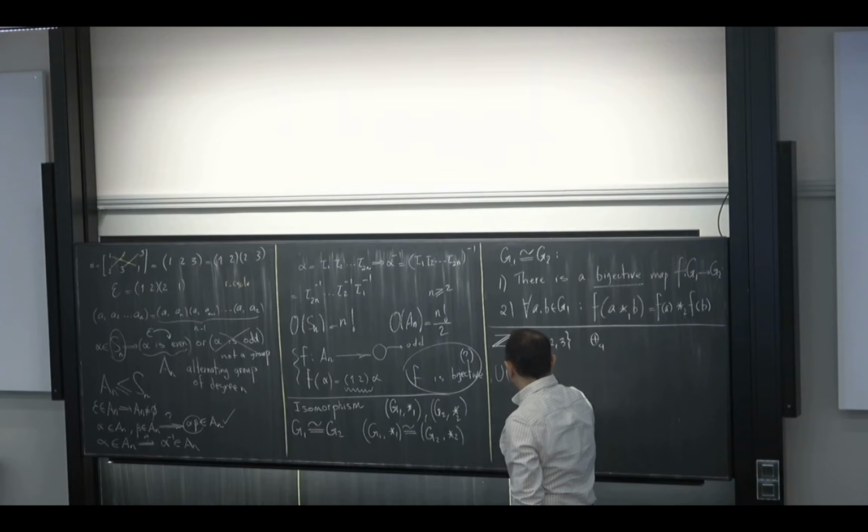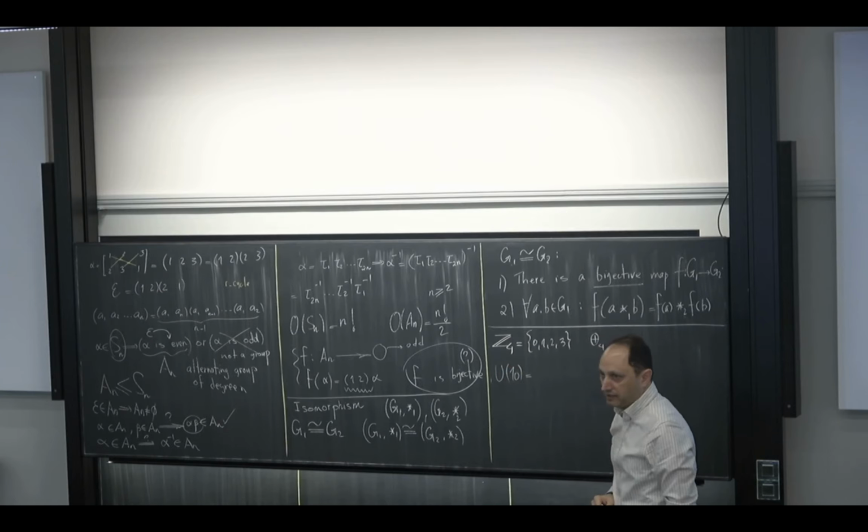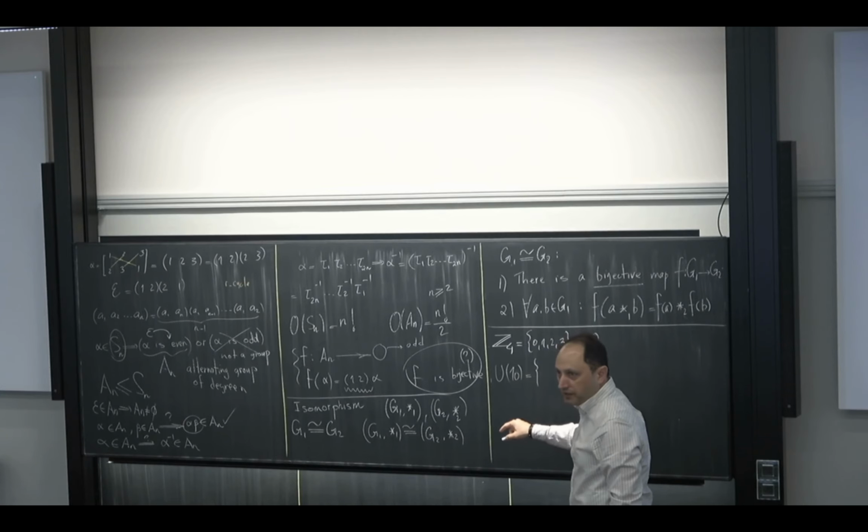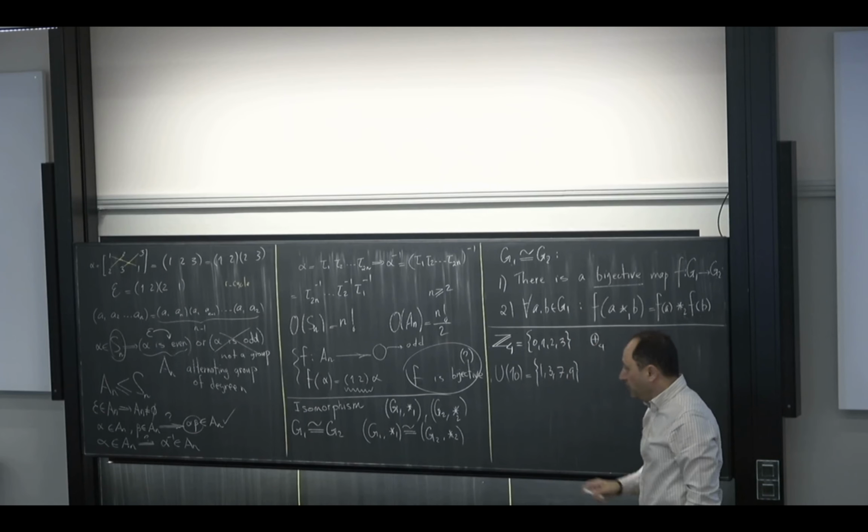We have worked with it several times. Do you remember what U10 is? U10 is the set of numbers less than 10 whose GCD with 10 is 1. So they are 1, 3, 7, and 9. But the operation here, do you remember what it was? It was multiplication modulo 10.